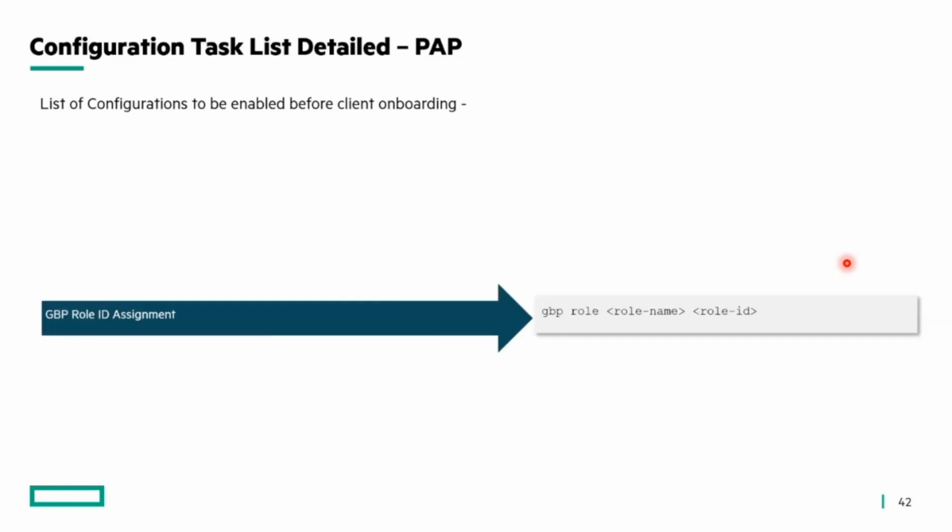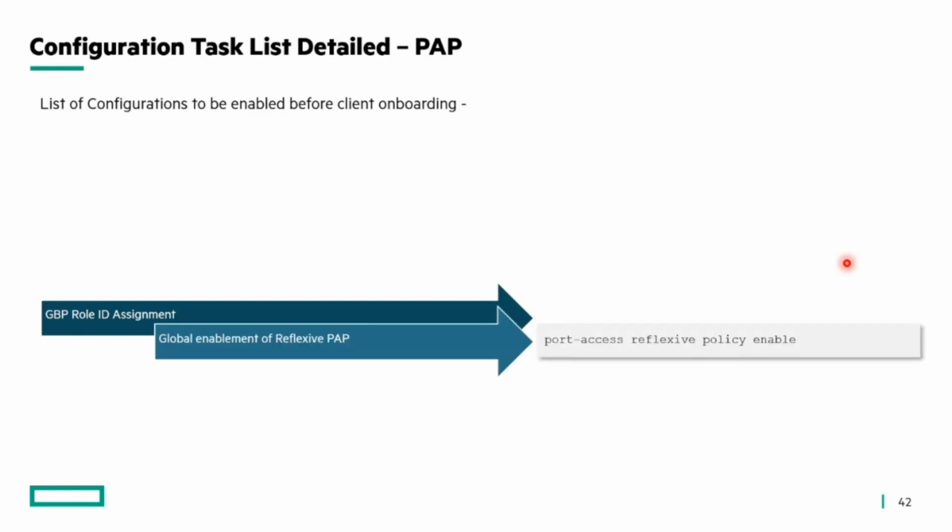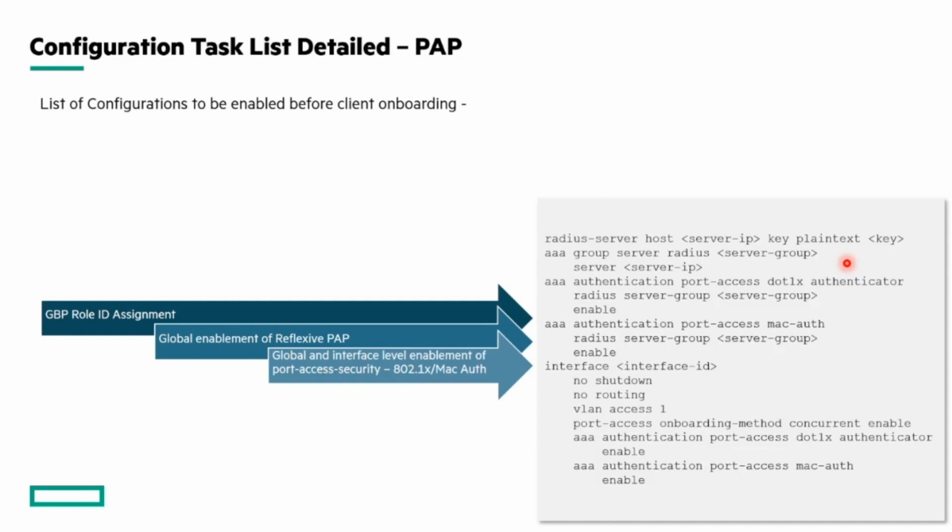Next comes the GBP specific role ID assignment. As we are using the FlexTCAM for the PAP, the role ID is mandatory. So we need to create a GBP role ID mapping. Next, globally, you have to enable the reflexive policy feature. Only then will this feature be effective. And next comes the 802.1X or MAC authentication configuration.